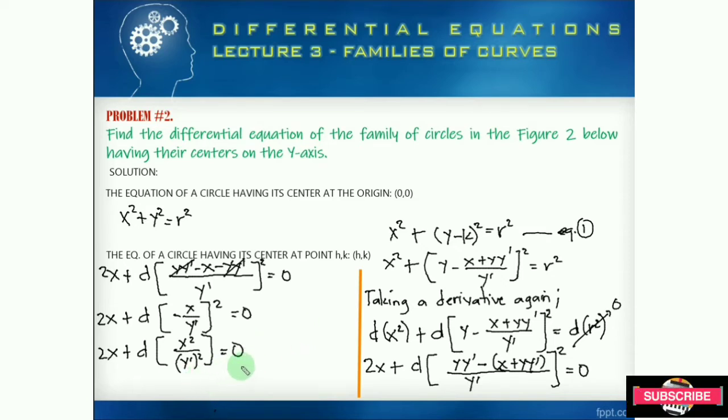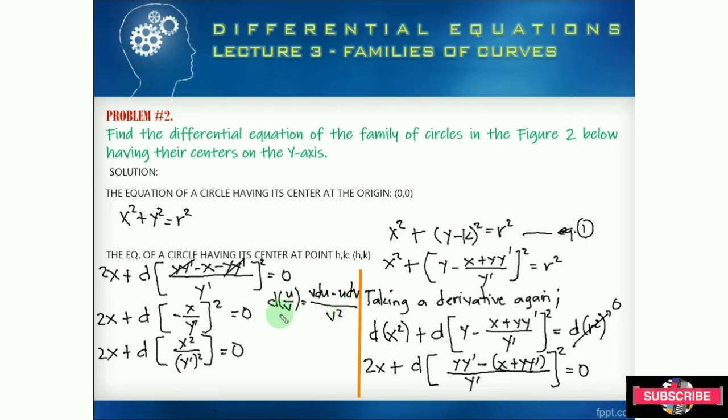Remembering taking a derivative of a fraction, if you can still remember: the derivative of u over b is simply equal to b times the derivative of u minus u times the derivative of b, all over b squared.